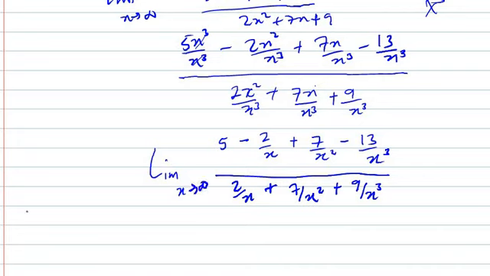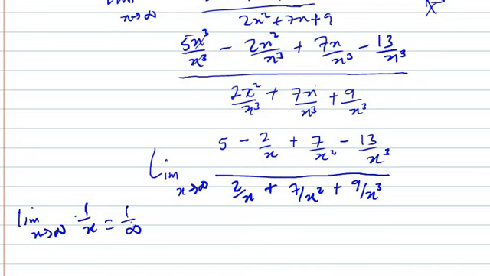What you need to understand is, if you have the limit as x goes to infinity of 1 over x, by substituting x to be the limit, you will say this is equal to 1 over infinity. So what is 1 over infinity?